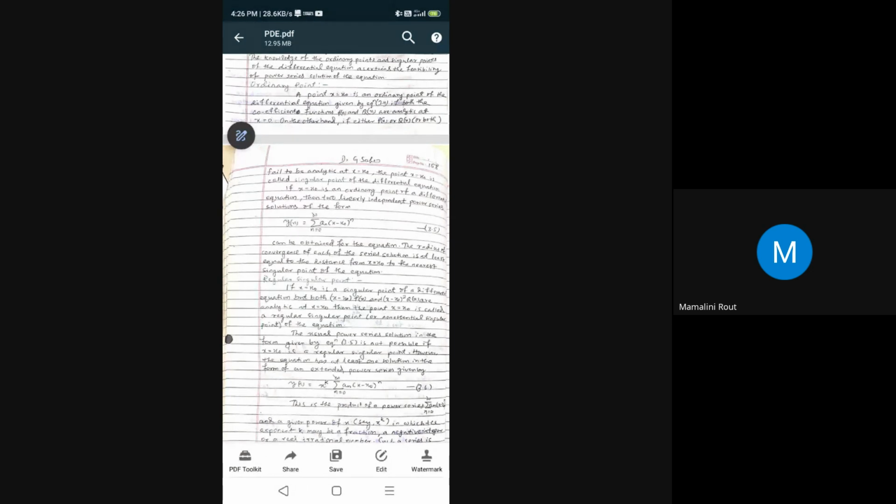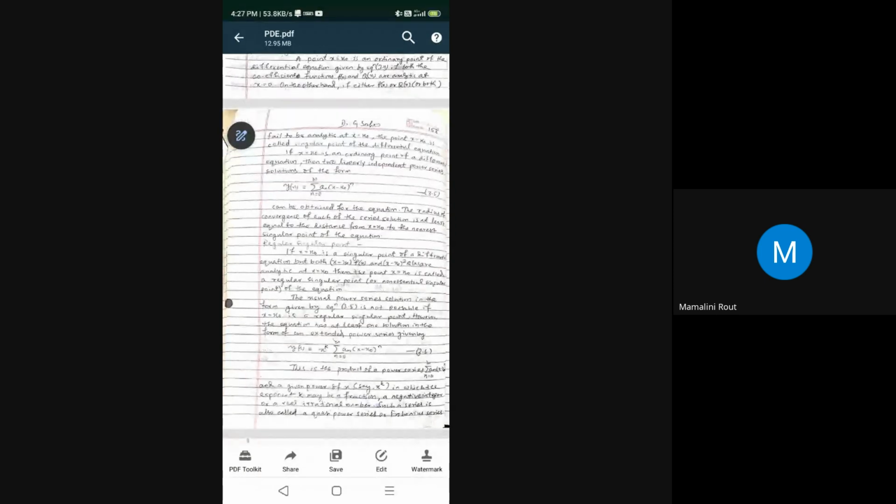Okay. So if x is equal to x0 is a singular point of a differential equation, that means either p(x) or q(x) or both are not analytic at x is equal to x0, then if (x minus x0) p(x) and (x minus x0) square q(x) are analytic at x is equal to x0, then the point x is equal to x0 is called regular singular point. p(x) and q(x) are not analytic.